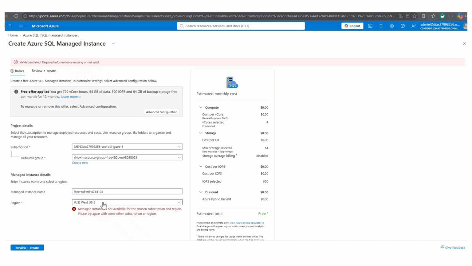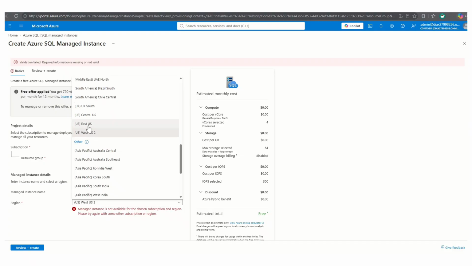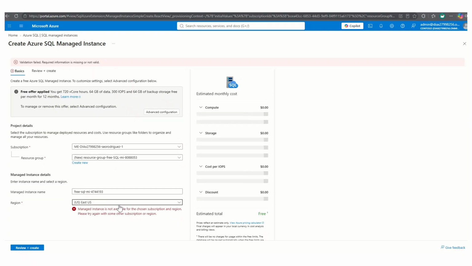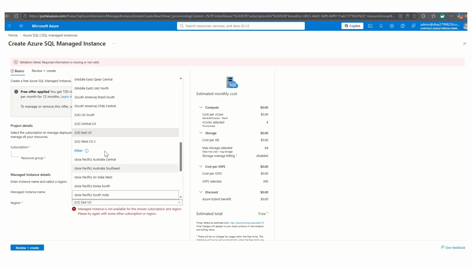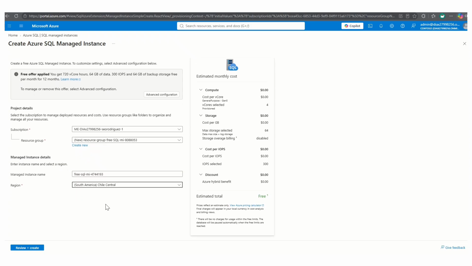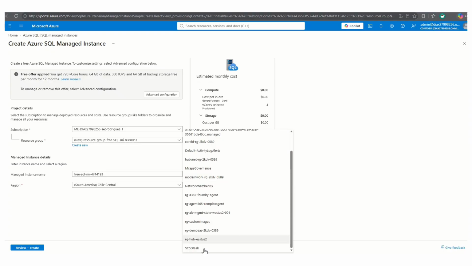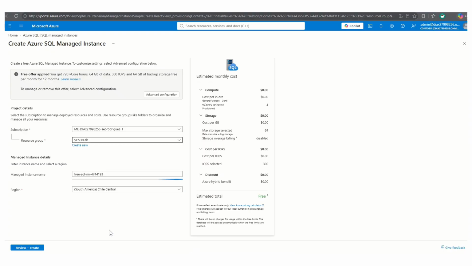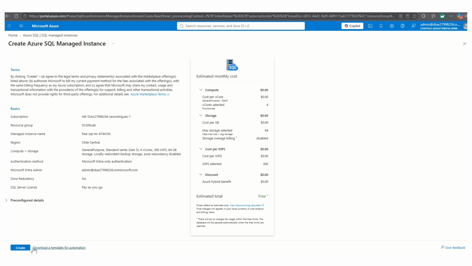But let's see if we could find a place where a lot of these are not available in the US. Okay, it seems like this is it. Let me choose this resource group and managed instance, free SQL, and so on. Let's see what we could do with this.